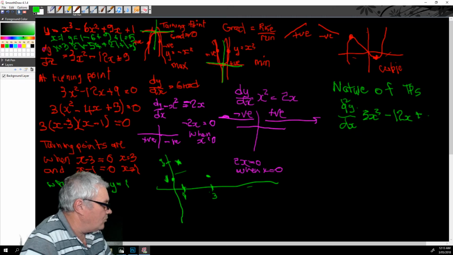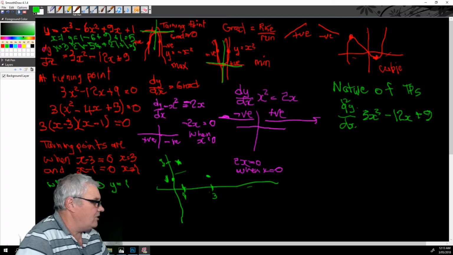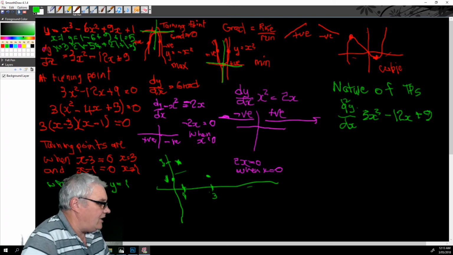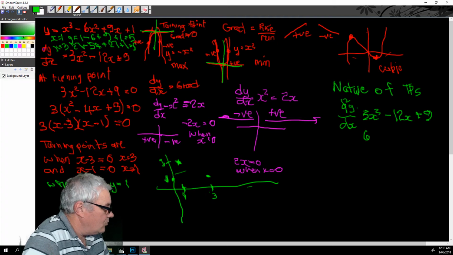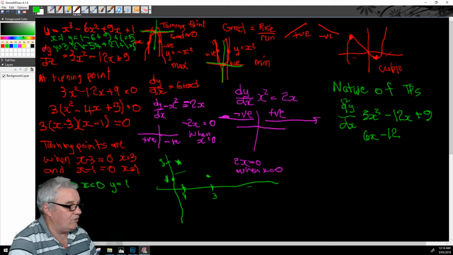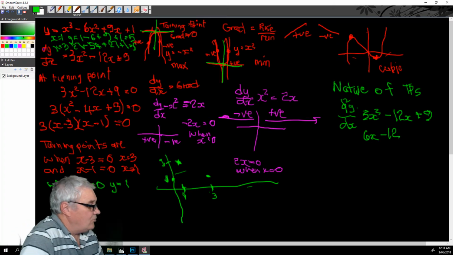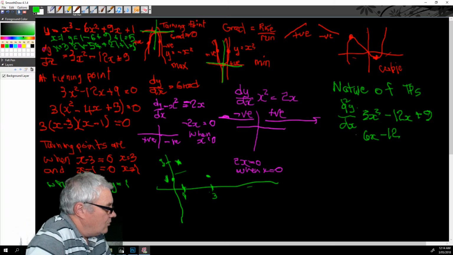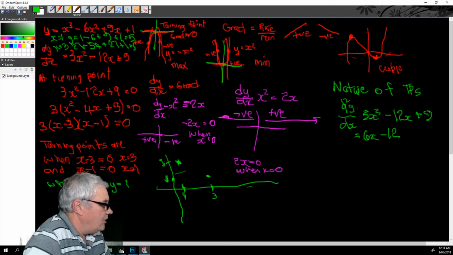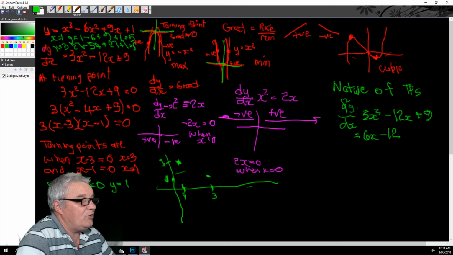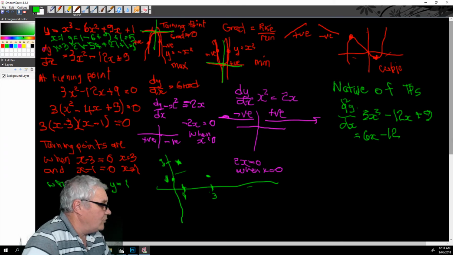We differentiate that again to get the second derivative. So that's 2 3s are 6x minus 12. Okay, 6x minus 12. That's the second derivative of the original thing, but I've just differentiated that there.